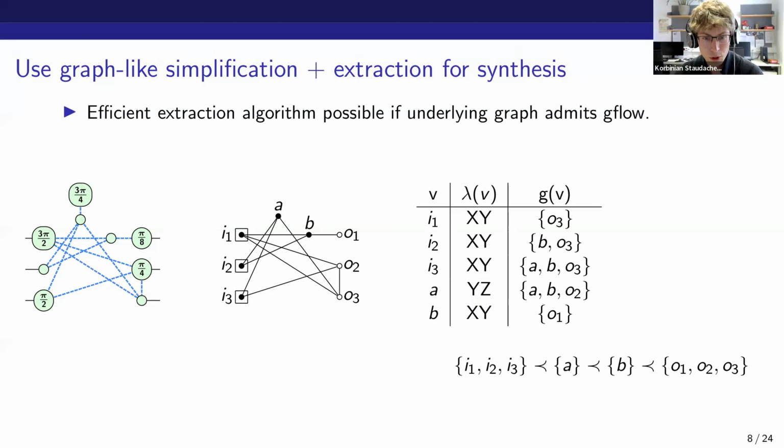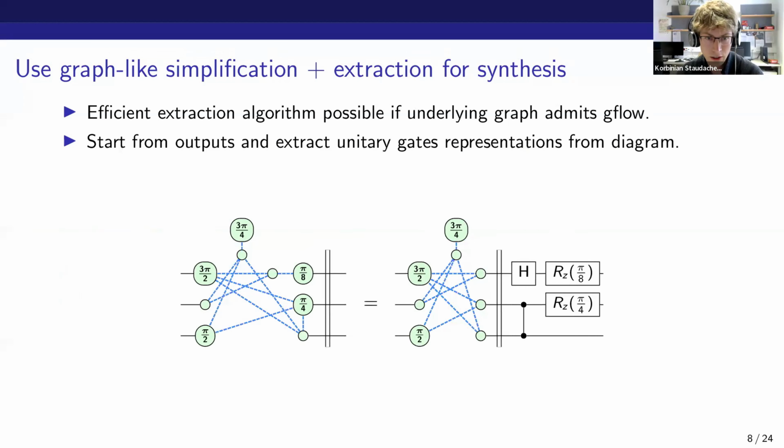So now we can proceed with standard techniques to extract a quantum circuit from this diagram. We start at the outputs and look for spiders in the diagram which we can directly extract as gates.